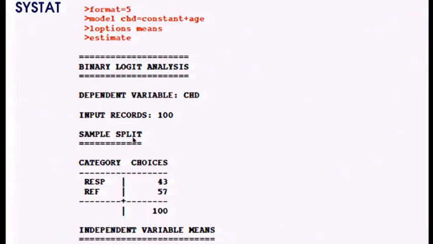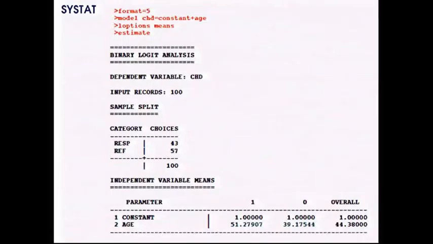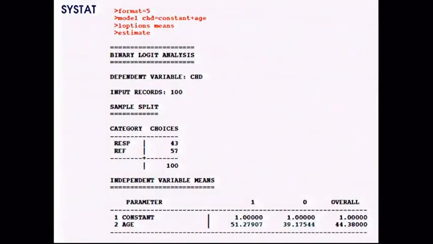The sample splits as follows: 57 of the people are in what they call the referent group, that is, the people with y equals 0, and 43 are in the respondent group, the people with y equals 1. So 43% of the individuals in the sample have evidence of CHD.